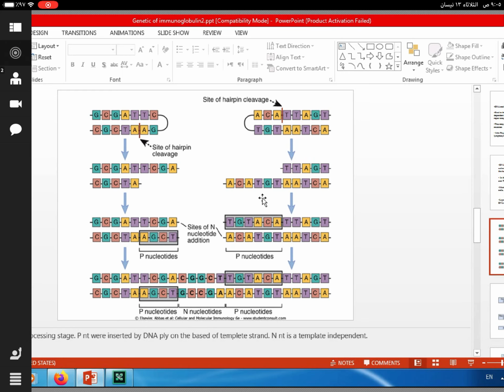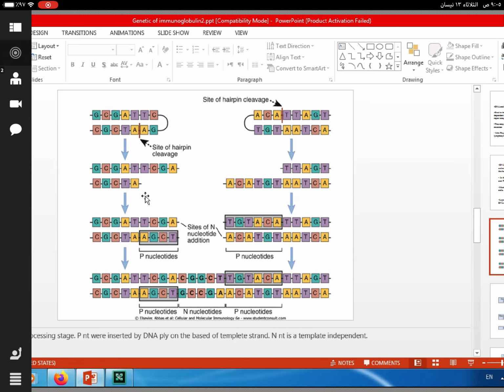In the processing stage, two types of nucleotides are used, P and N nucleotides. P nucleotides are inserted by DNA polymerase according to the template strand: thymine, adenine, cytosine, guanine, guanine, cytosine, adenine, thymine.